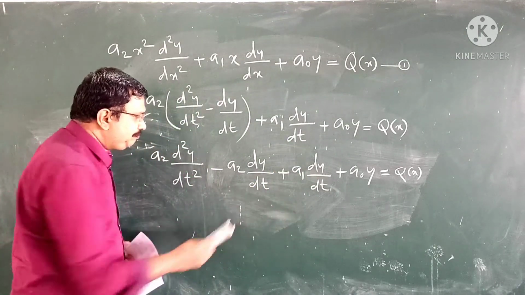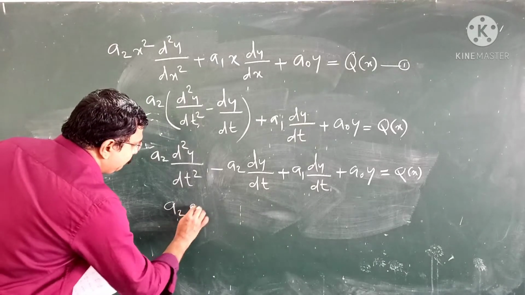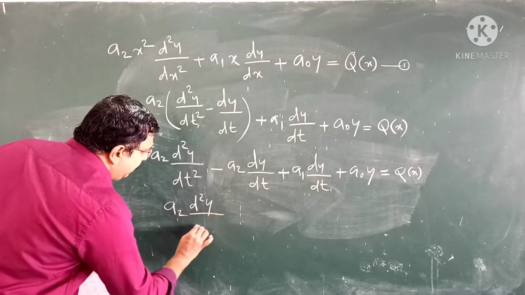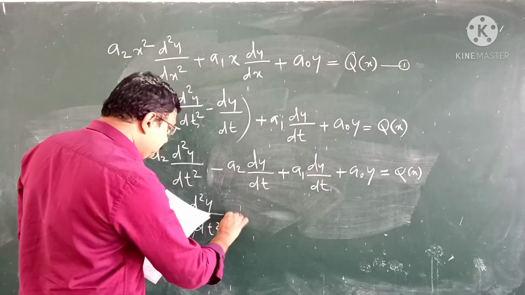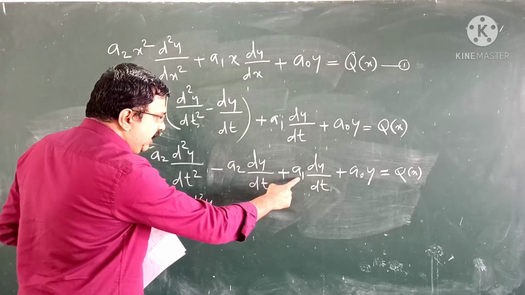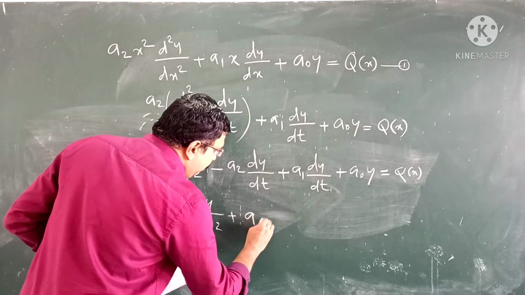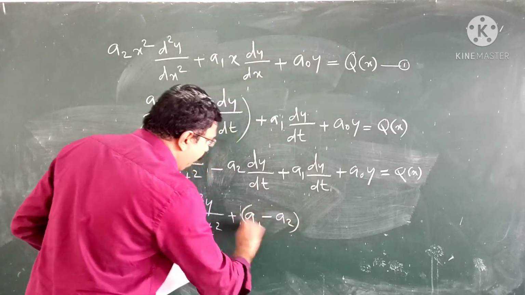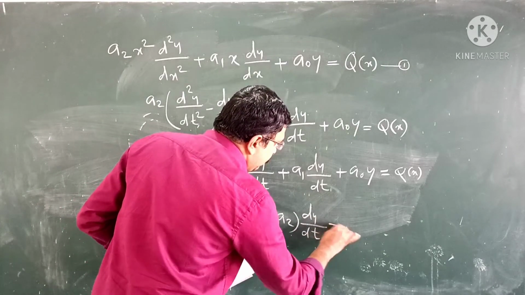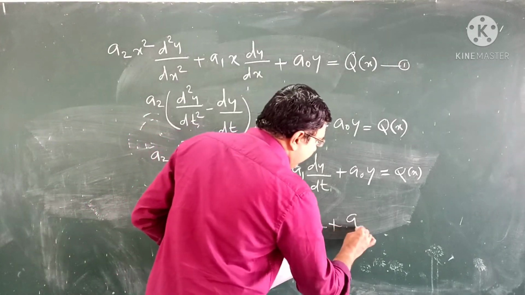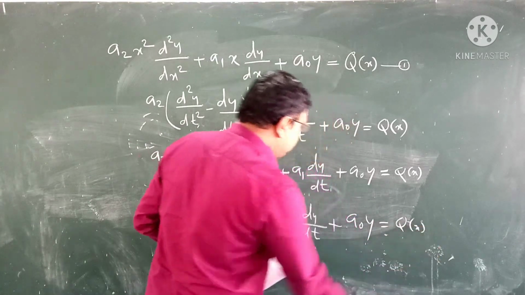Therefore, it will become a2 into d square y by dt square plus (a1 minus a2) of dy by dt plus a0 y equal to q of x.